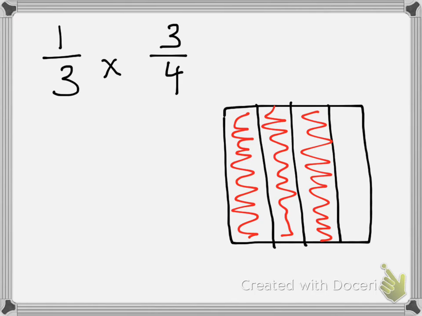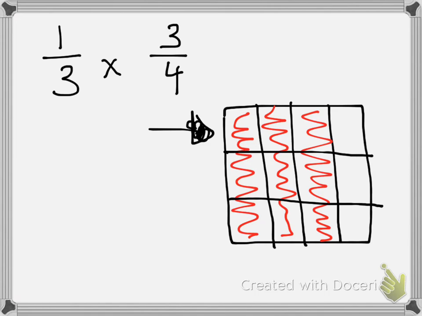And now what I need to do is I need to say I'm taking 1/3 of that. So I'll split into thirds. So I took what I had, I split it into thirds, and I'm only talking about 1/3. So that is this group right here.